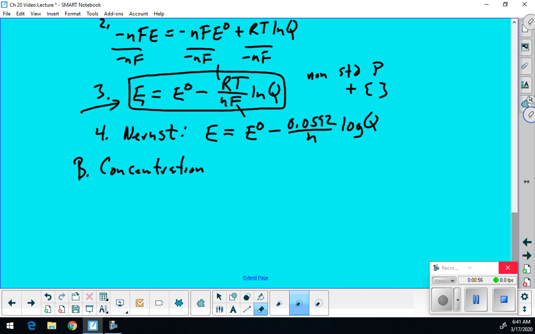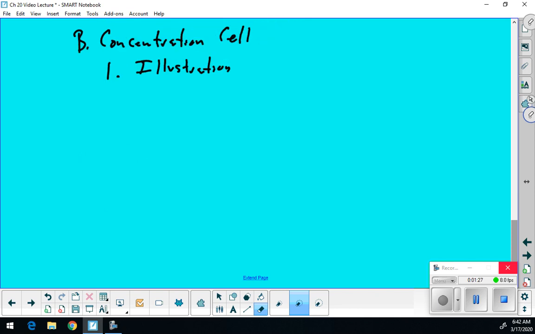Concentration cell. So in this kind of cell, let me draw you a picture of a concentration cell. All right. So here's our illustration. Because if not, concentration in a cell will make you ill, right? Illustration. So let's say that we have two zinc cells, right?